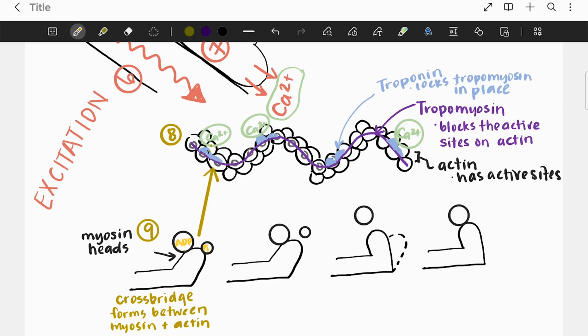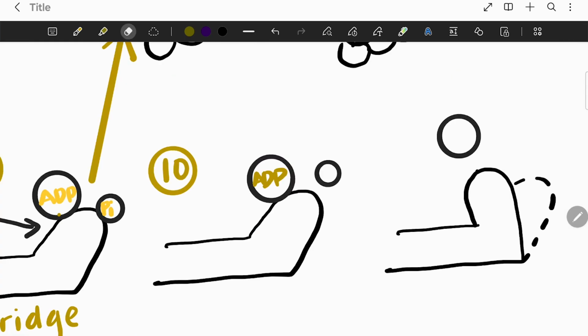Now, what's going to happen in step 10? We still have the ADP here, and we have the inorganic phosphate. But if you notice, the inorganic phosphate here, Pi, it takes a hike, okay? So the inorganic phosphate leaves the head, and when that happens, the myosin head holds on tighter to that active site.